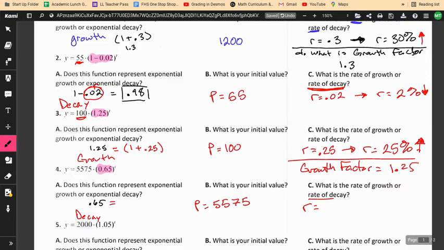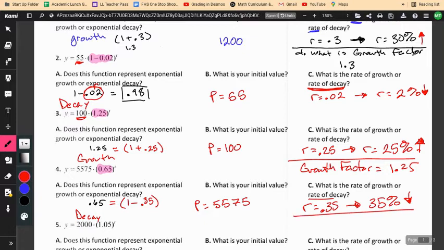We know that for 0.65, we had to take 1 and subtract the rate. So what can I subtract from 1 that gets me 0.65? 0.35. So my rate is 0.35 or 35% decrease. And then again, my decay factor is equal to 0.65.